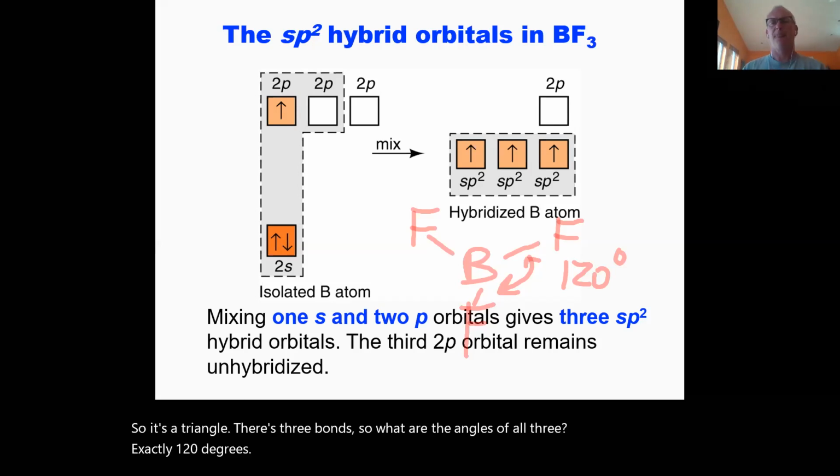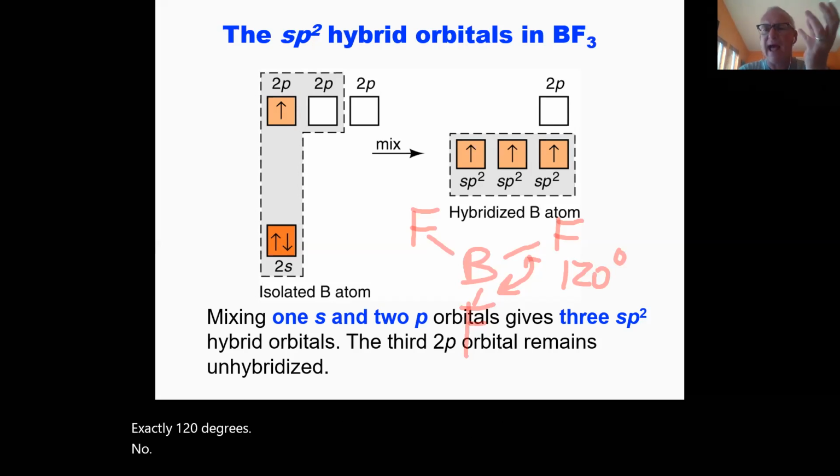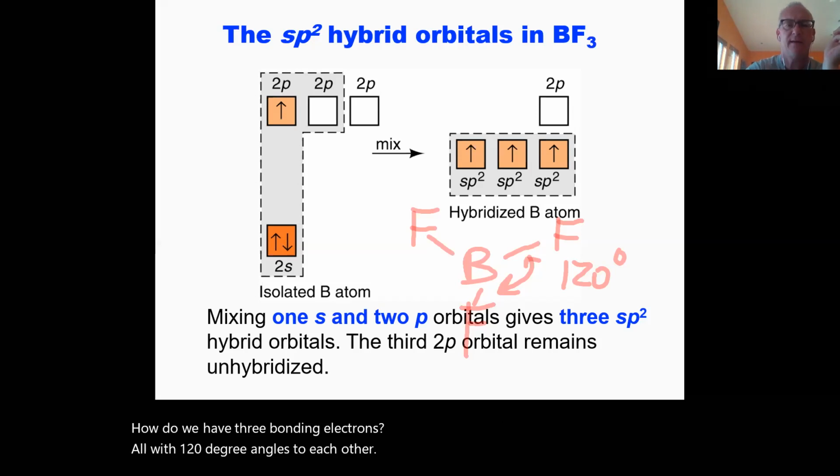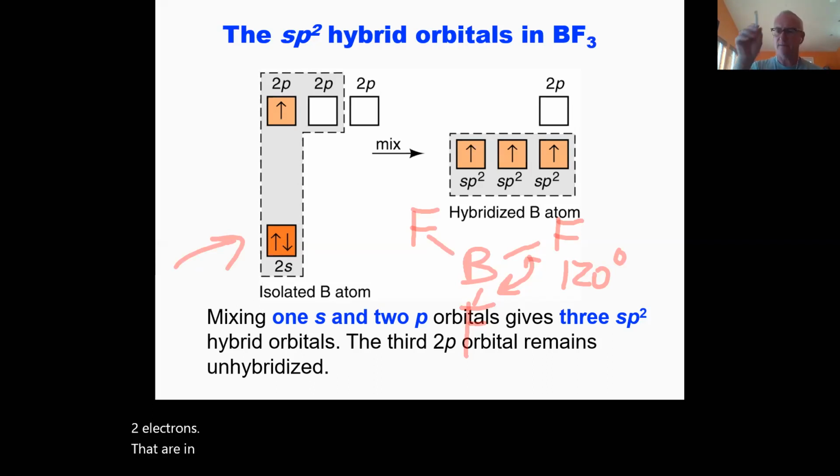Now, how do we have 3 bonding electrons all with 120 degree angles to each other? Because here we don't have that. Here we have 2 electrons that are in a circular orbit, and we have 1 electron that's at a 90 degree angle. It's in a p orbital.